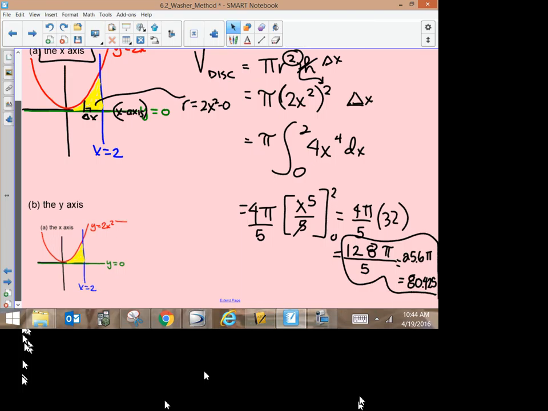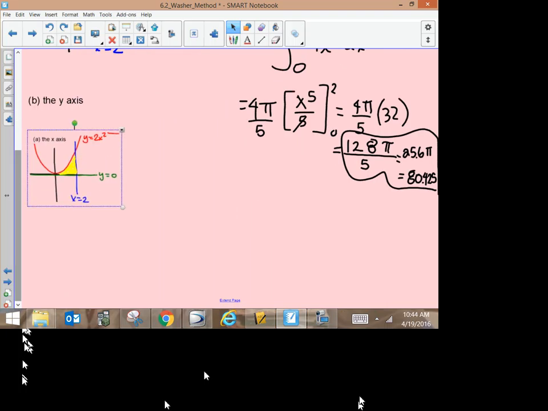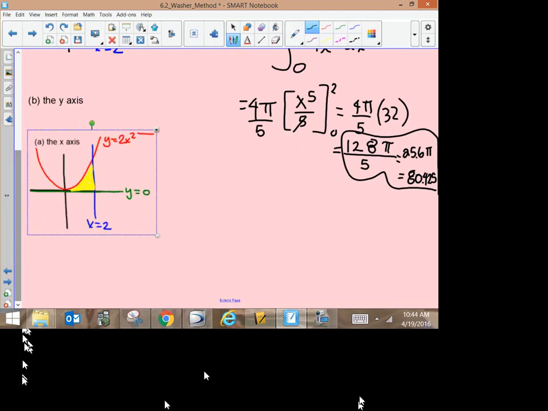All right. Let's see what this is. The y-axis. I think we kind of snuck that in here a little bit. Part B, y-axis. We're going to go perpendicular to the y-axis. So we're going to get to one piece, and we're going to get to the other piece.